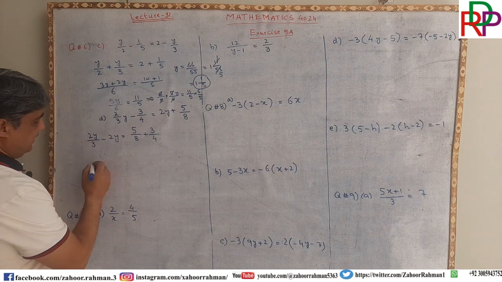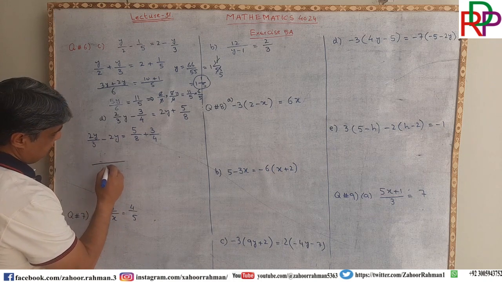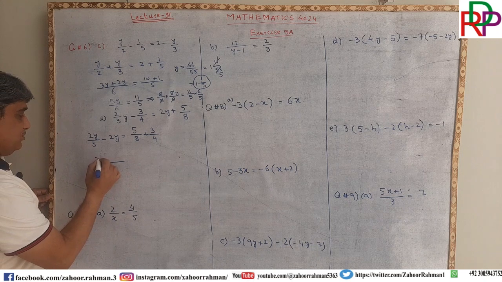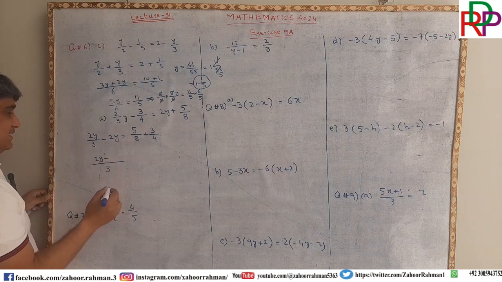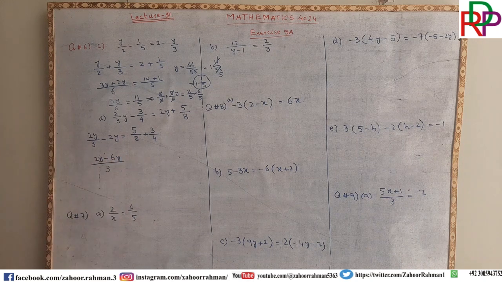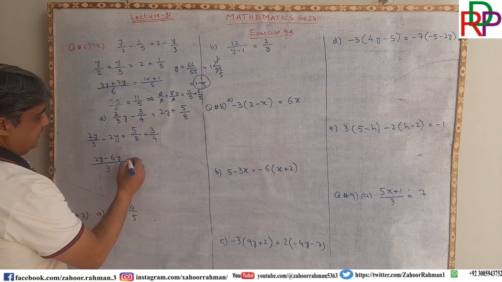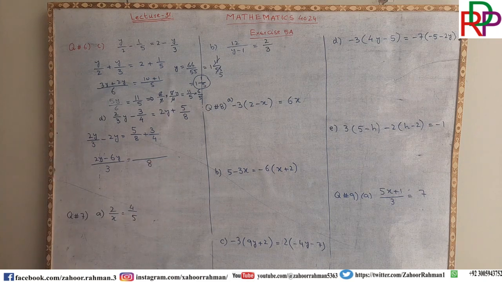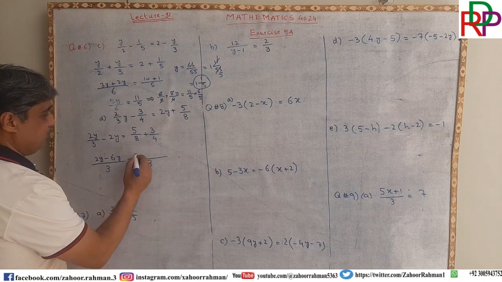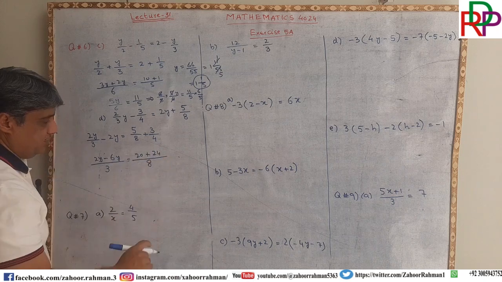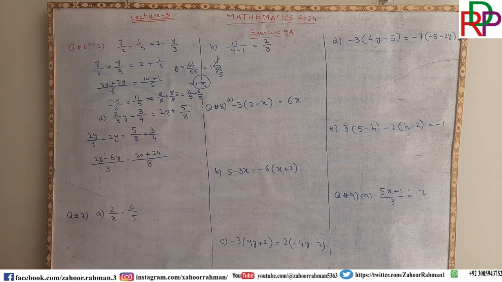So here we have to take the LCM as 3, and that will be 2y minus 6y. Here we have to take the LCM as 8, and that will be 20 plus 24, and you know how, you don't have to waste time again on it.